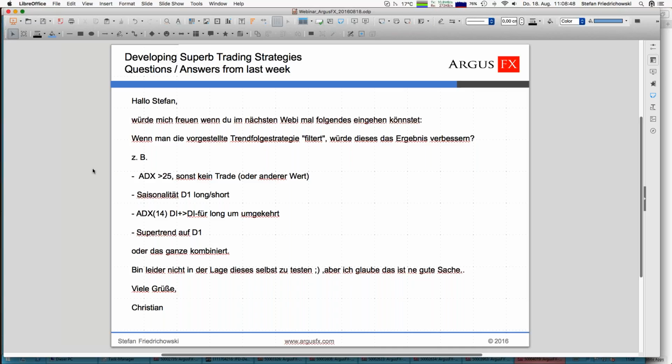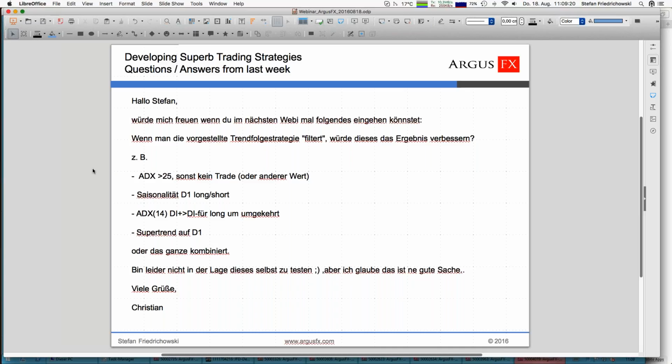Normally, if I do something like that, then the number of trades goes down, which means the statistics goes down as well. It means we have less trades and less statistics, and that is something I want to avoid. What we can do is we might exchange, for example, the EMA by another indicator, or the ATR that was fixed.